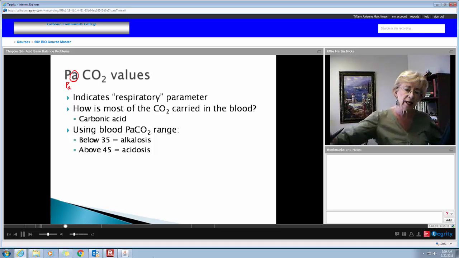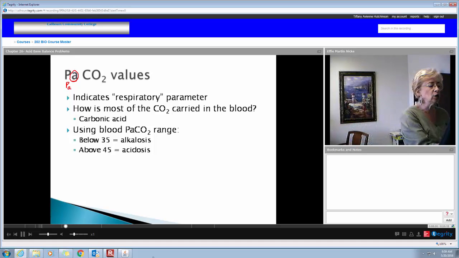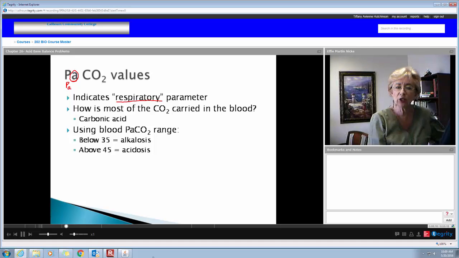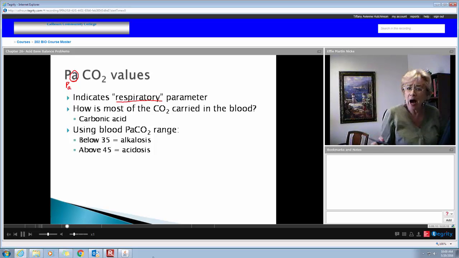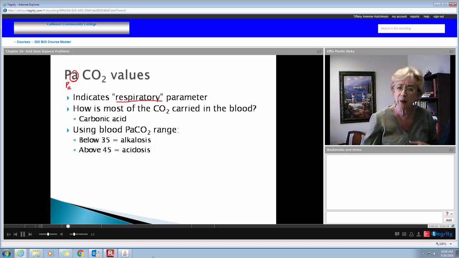Whenever we are looking at that value, we're looking at what we call the respiratory parameter. You will understand more of this as we do some problems. But think about it. Carbon dioxide, as opposed to bicarbonate, is involved in respiration, where you're wanting to get rid of the carbon dioxide.